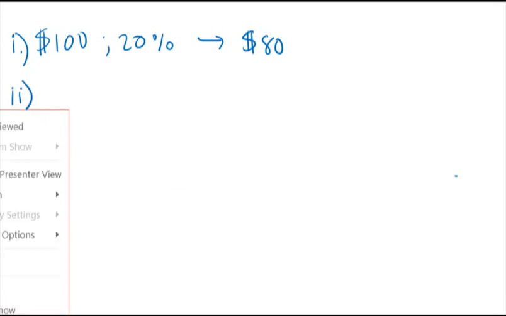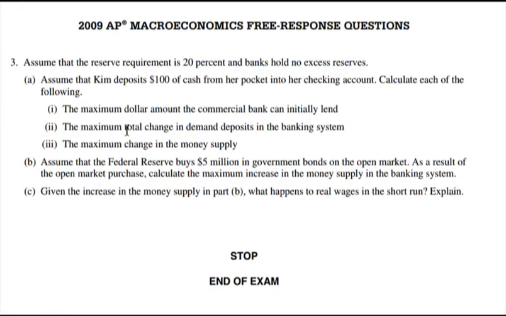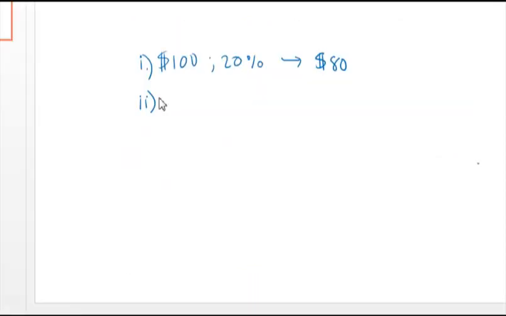If we go back to the question, the next part is the maximum total change in demand deposits in the banking system. The key phrase here is demand deposits in the banking system. If you recall, a bank's balance sheet is separated into two sides: assets and liabilities.